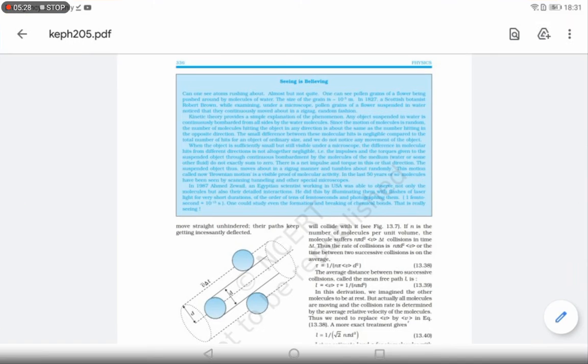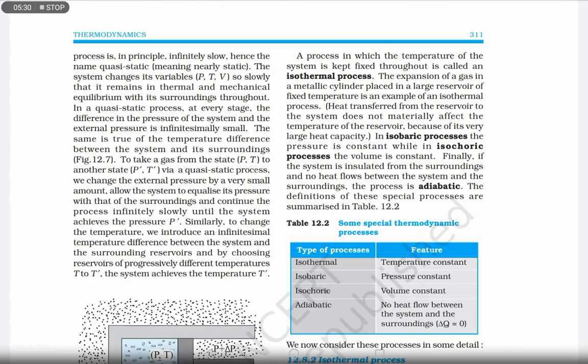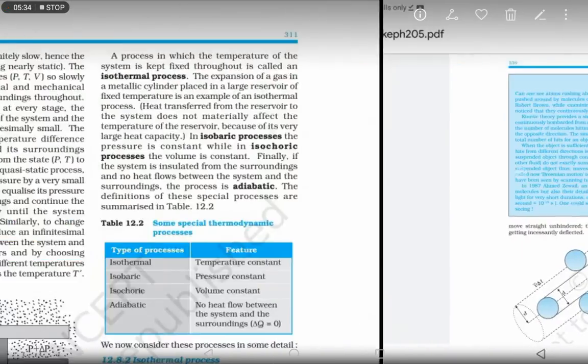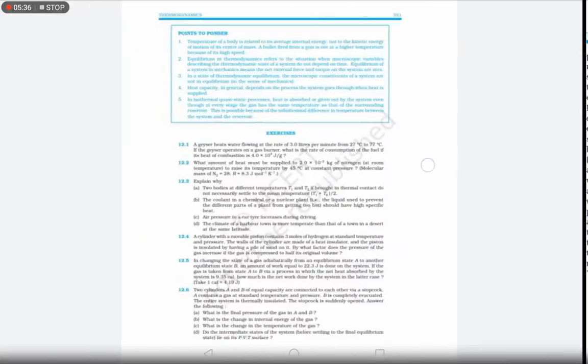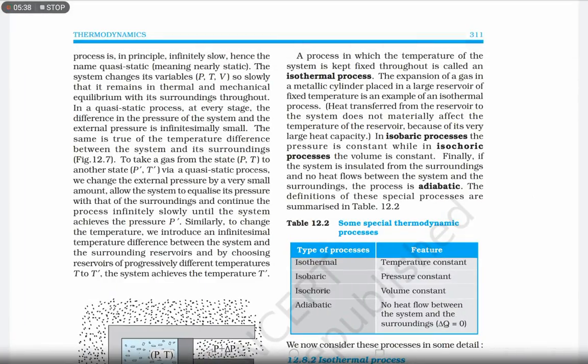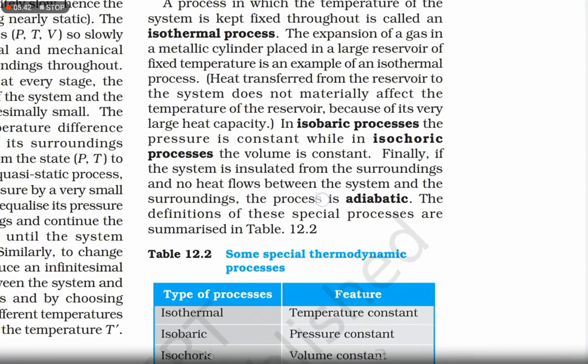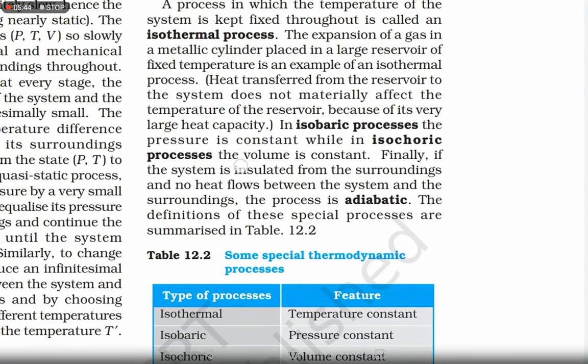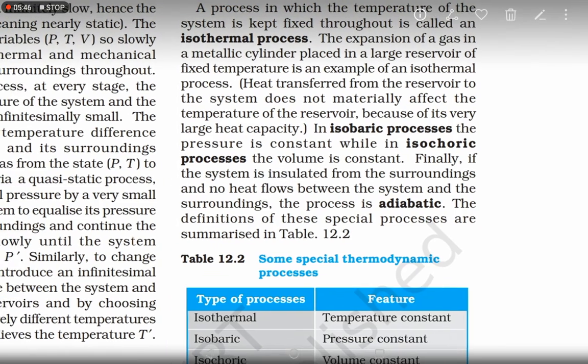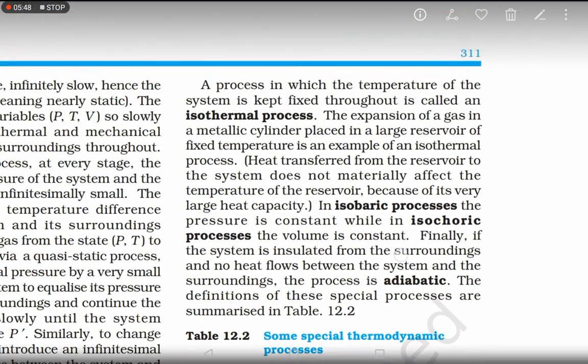I'll also show you an NCERT based text line here. So you can find that if the system is insulated from the surroundings and no heat flows between the system and the surroundings, the process is adiabatic. You can find the word insulated in the adiabatic process definition.